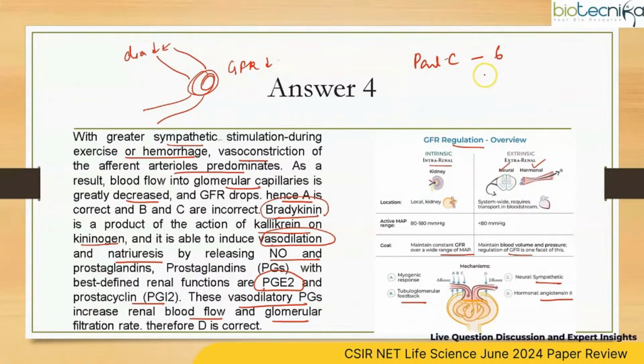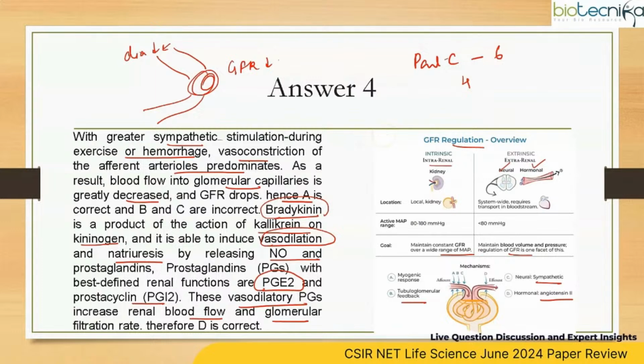Even if you solve 4 and you're confident of them, you will get a good score, because they are not very difficult. If you understand the various vasodilators, vasoconstrictors, and blood clotting factors, it's easy to solve.